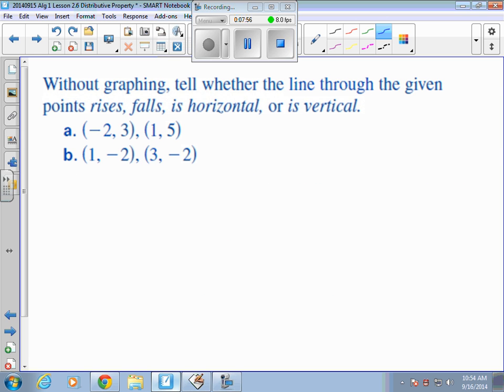Okay, take about 30 seconds to determine whether these rise, fall, are horizontal, or vertical.